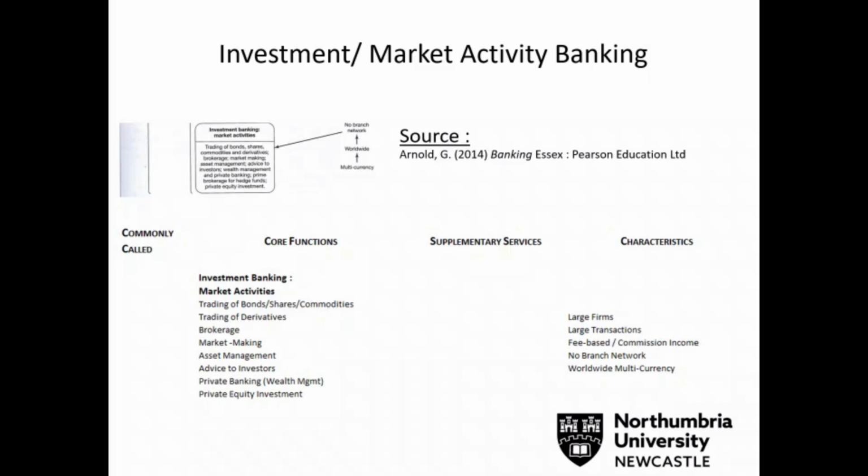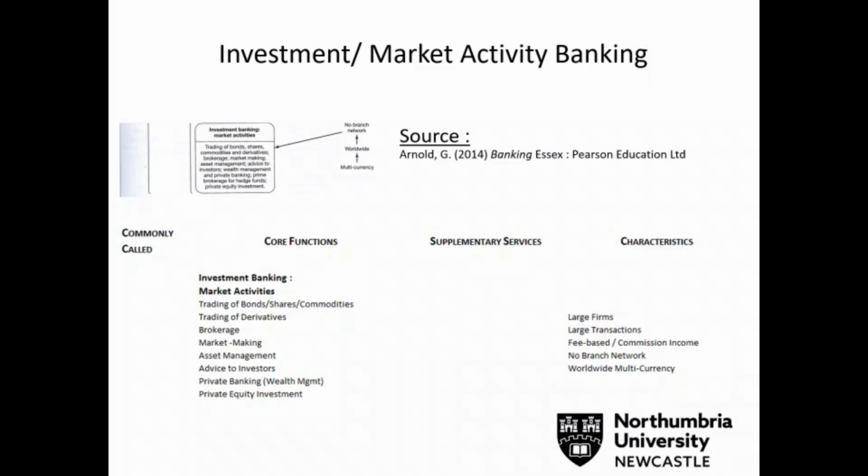So they underwrite the whole listing in the IPO process, which we'll cover in a few weeks' time on this module. This is what's known as the market maker, where they buy all the equity from the company and sell it to the market.